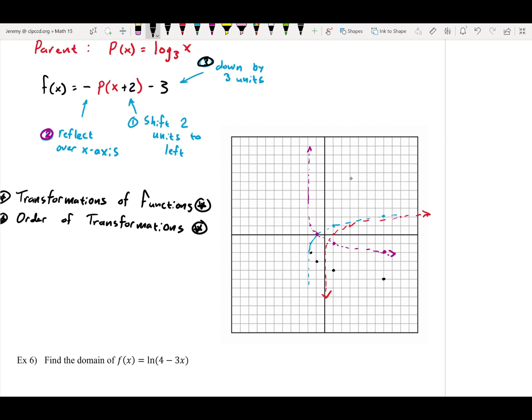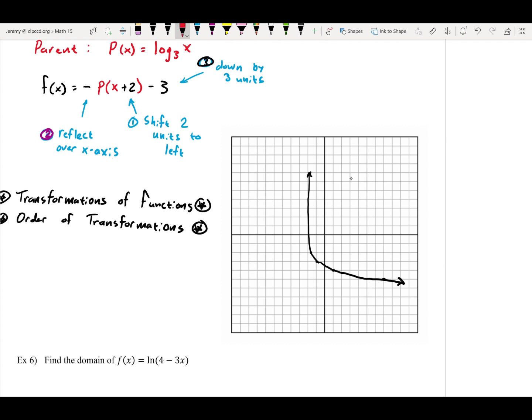Okay, so I'm going to erase the mess now. And here is what our final graph should look like. Should look something like that.